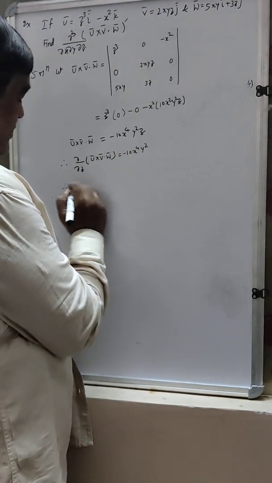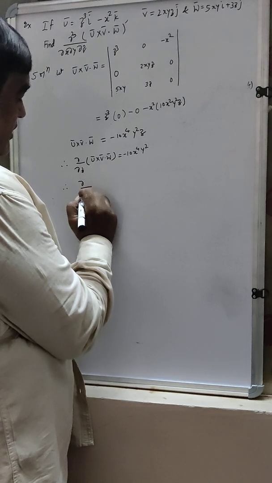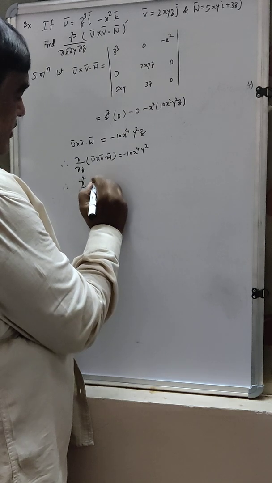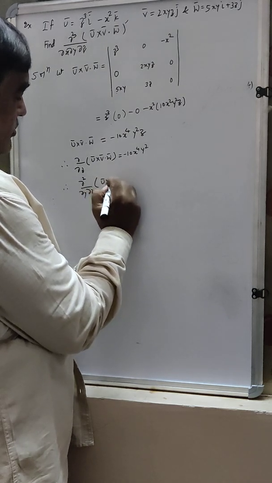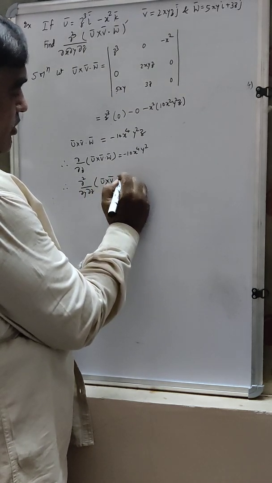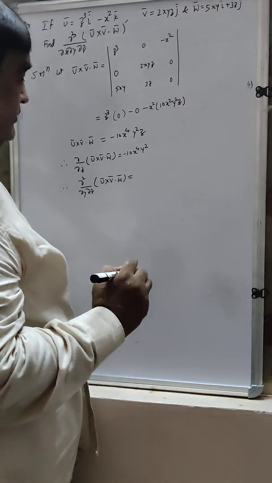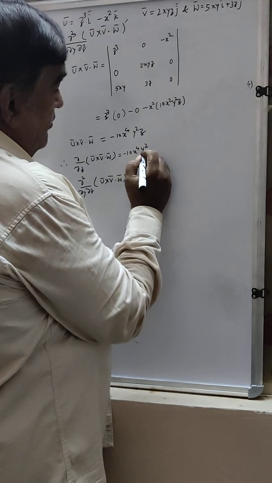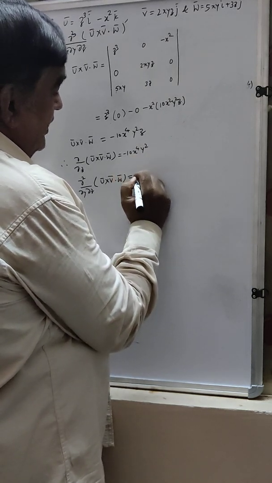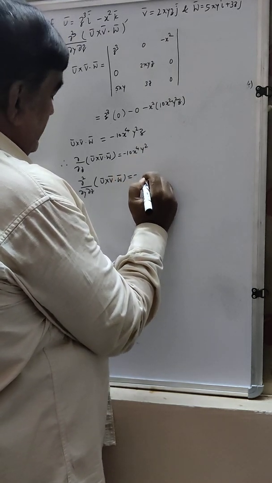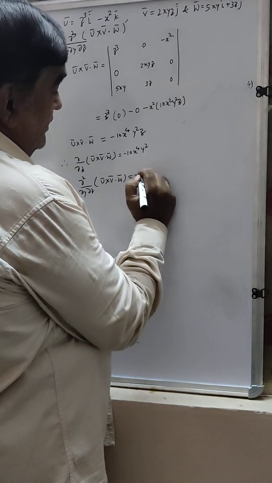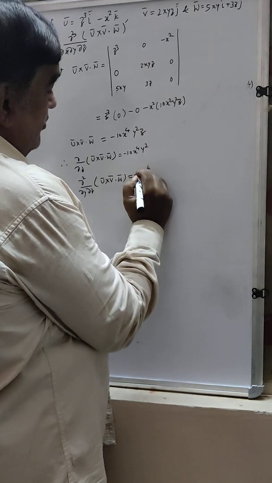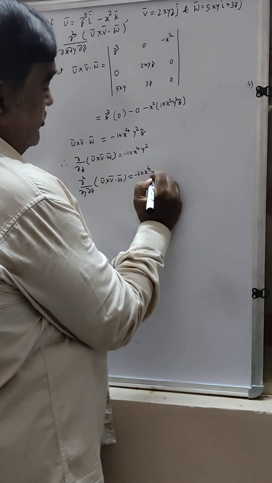Again differentiate this with respect to y. ∂²/∂y∂z of u vector cross v vector dot w vector is equal to: with respect to y, here minus 10 x raised to 4 is constant, y square gives 2y, therefore minus 20 x raised to 4 y.